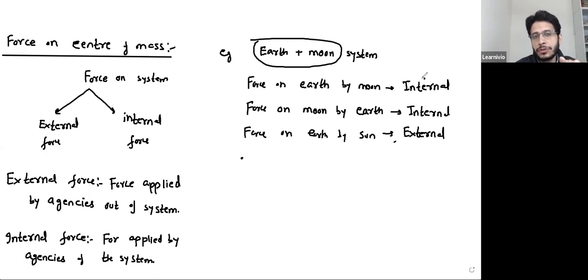But the center of mass of the Earth Moon system will not move due to internal force. The effect on center of mass of the system is by external force only. So I'm writing this statement.